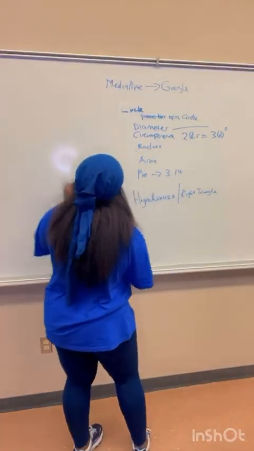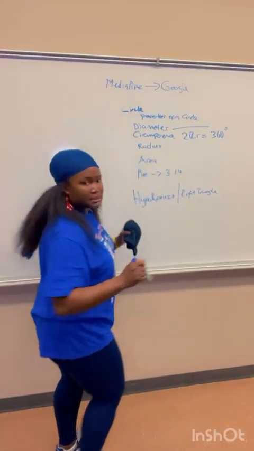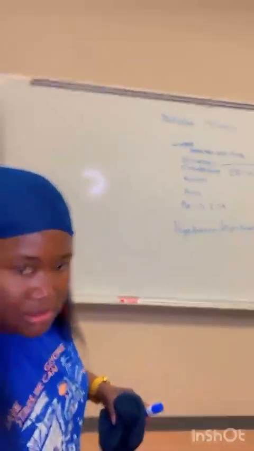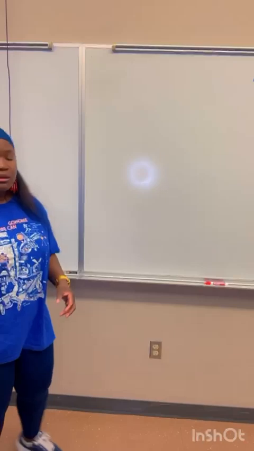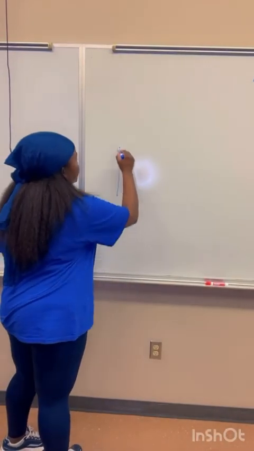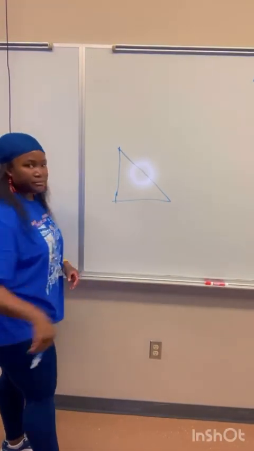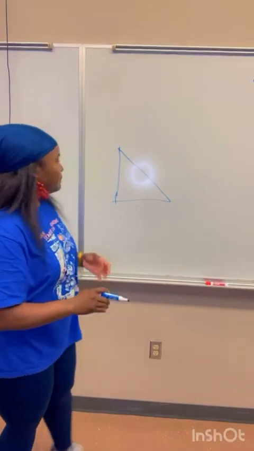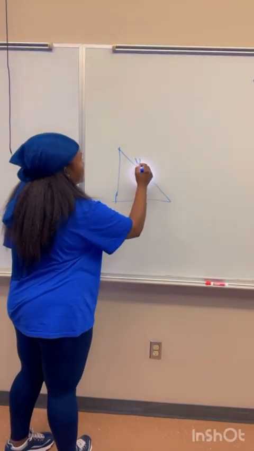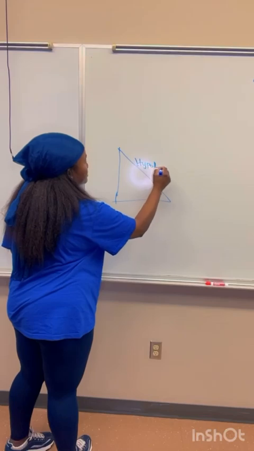Okay, I'm gonna move this here so I can use this space. Can you see? Okay. So we have a right triangle. It will all make sense in a bit. Stay with me, okay? Please. The long part is called the hypotenuse.